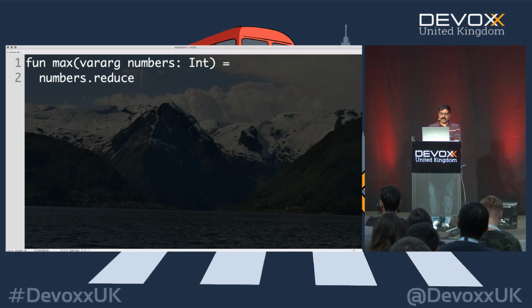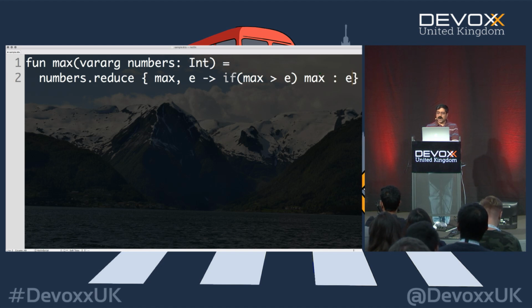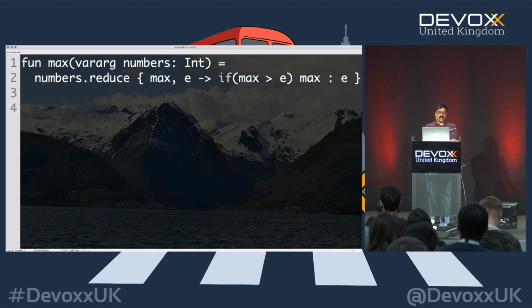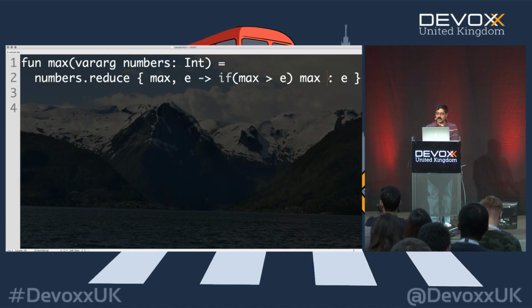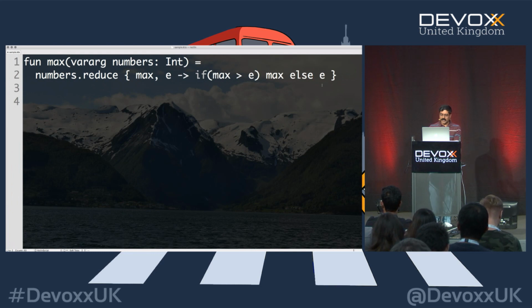And in the reduce method, I'm going to take a max value and an element, and I'm going to return, using a lambda expression right here, if max is greater than element, then return the max value, otherwise return the element itself. So that becomes a really nice way to write a function which can take a variable number of arguments in your code. This is else, of course. So we have a function that takes a variable number of arguments right here in front of us.